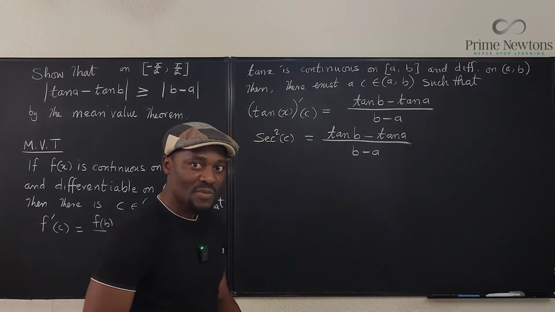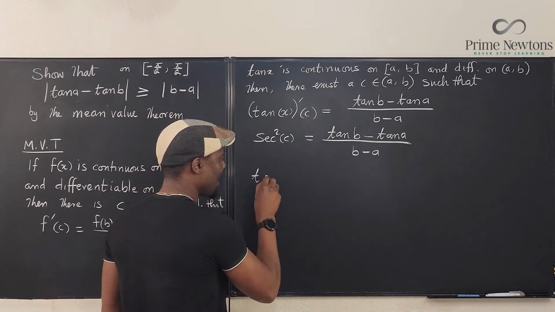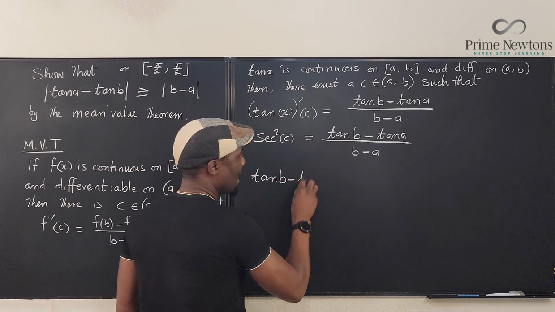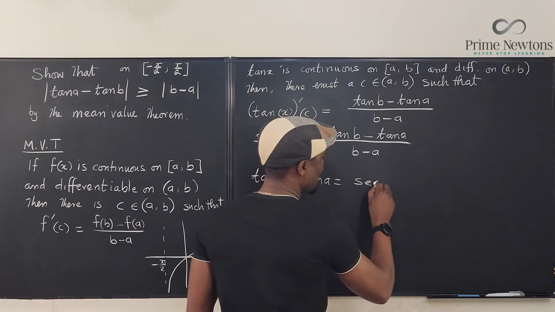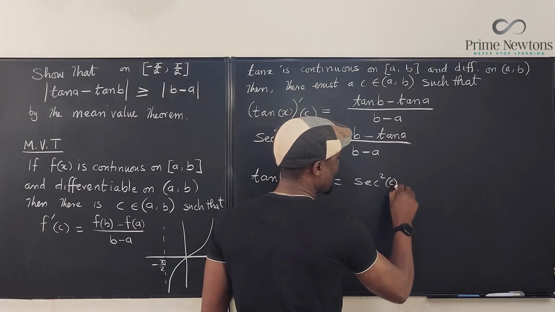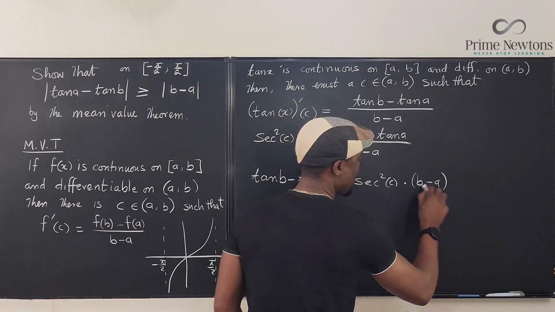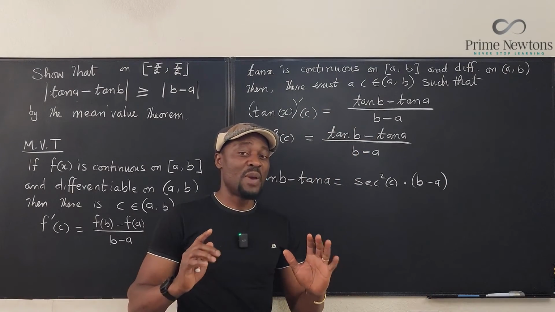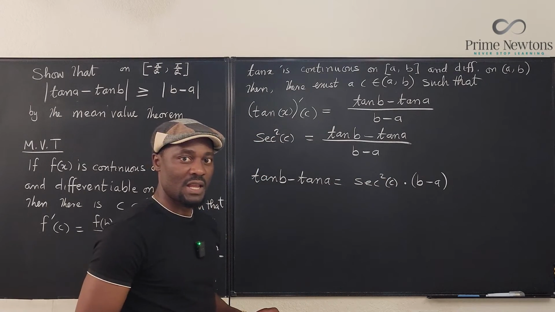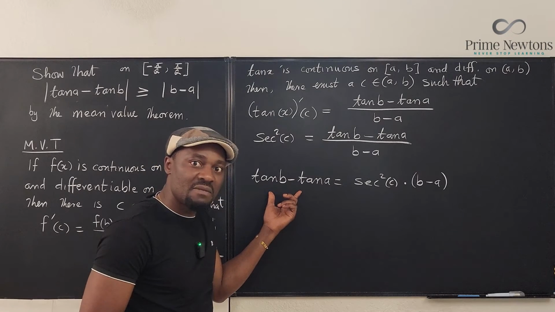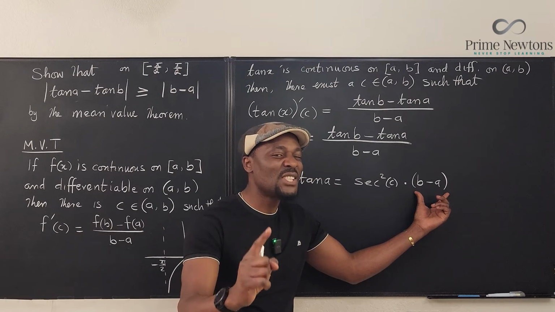Guess what? We can cross multiply so that tan b minus tan a will be equal to secant squared c multiplied by b minus a. Nice. So, based on what we've done, this is true. Because this could be negative, this could be negative. But one thing is certain.